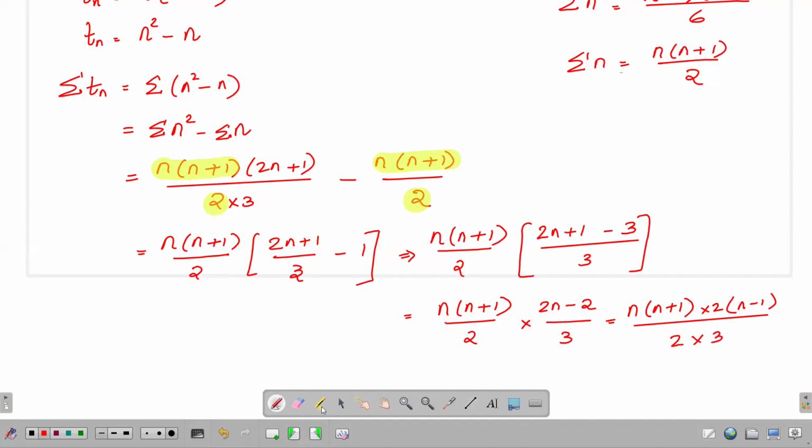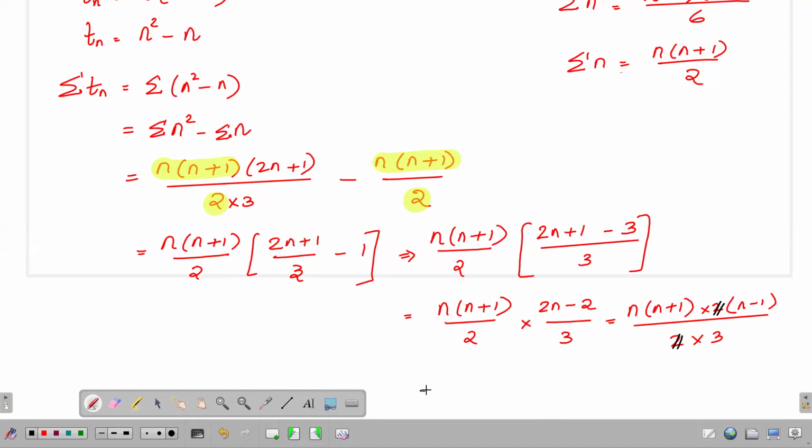Got it? Now I can cancel this 2 here, and what remains finally is our final answer. I have n into n plus 1 into n minus 1 whole divided by 3.